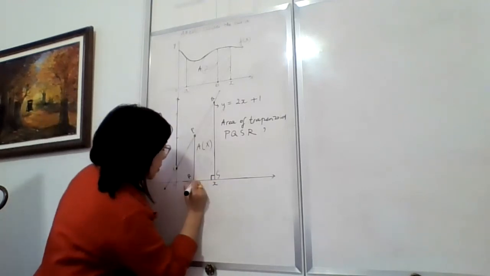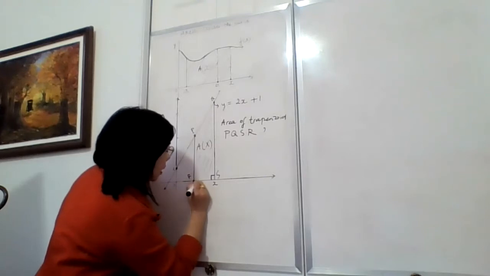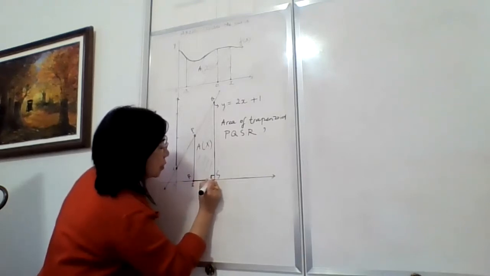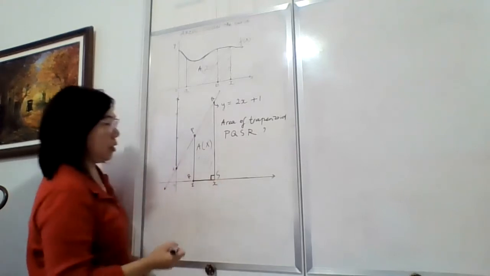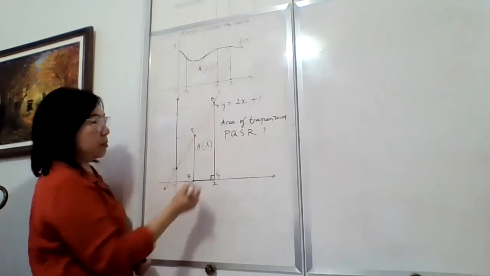The height of the trapezoid turned out to be from 1 to x here. That is the height. That's why I marked the 90-degree angle here, to represent the height of the trapezoid.